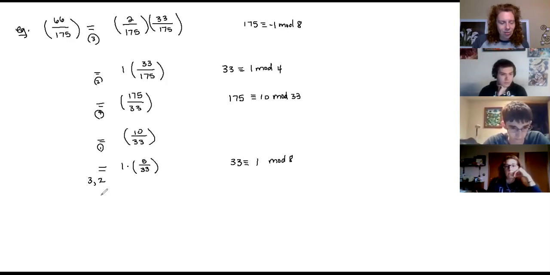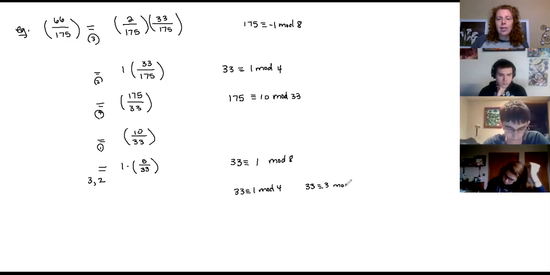Finishing, we got 1, 2, 3 more steps. I already have that 33 is congruent to 1 mod 4, so I can flip without a negative, and we can also do that 33 is congruent to 3 mod 5. I'm combining some steps here.